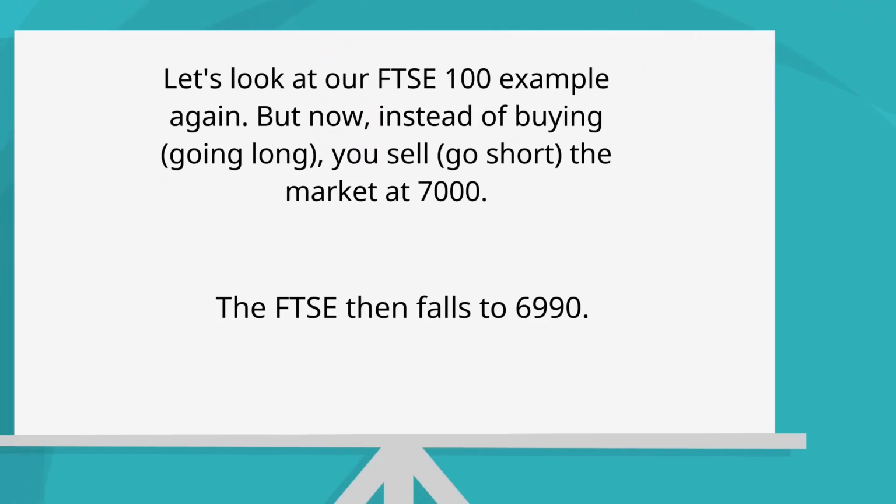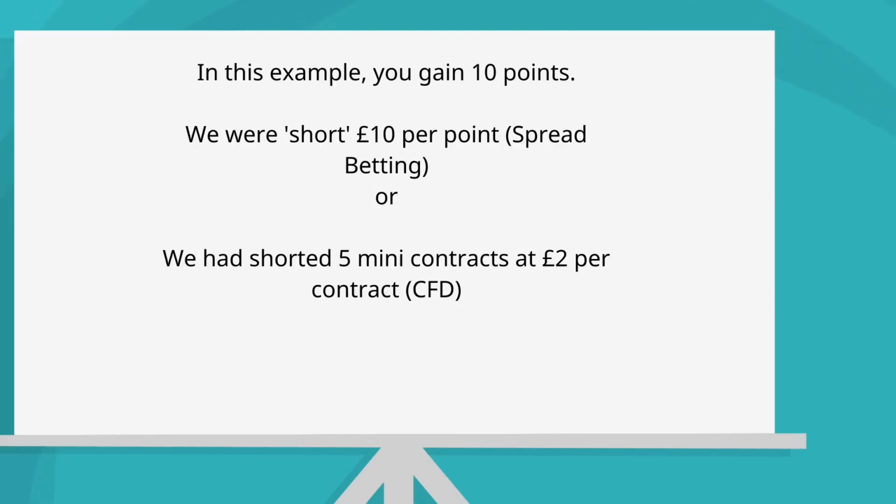Let's look at our FTSE 100 example again. But now, instead of buying, going long, you sell, go short, the market at 7,000. The FTSE then falls to 6,990, a 10-point drop. In this example, you gain 10 points. We were short £10 per point, spread betting, or we had shorted 5 mini contracts at £2 per contract, which would be CFDs.